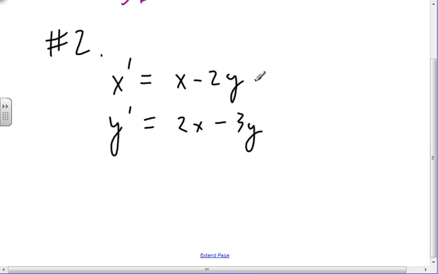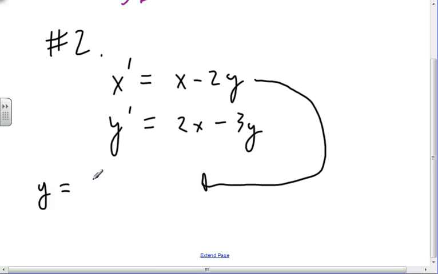I'm going to take this guy right here and bring him down here. And I'm going to write that y is equal to minus 1/2 x prime plus 1/2 x.